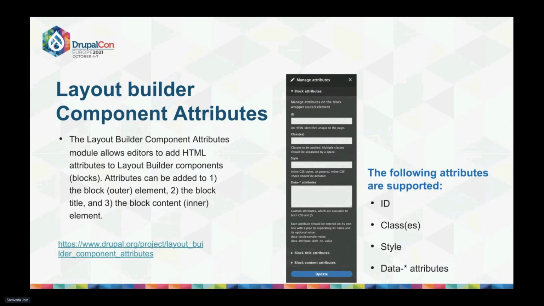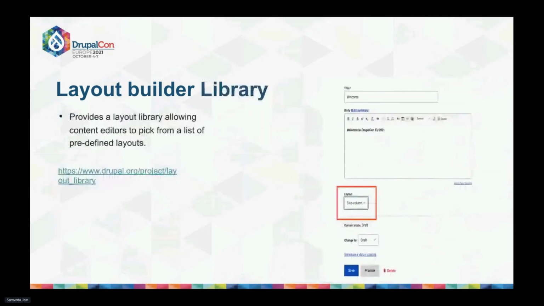Again, to minimize the dependency on a developer or a designer, your content editor can directly add an ID or a style or some data attributes to a block. The attributes can be added for a whole block, or you have an option to add them to a block title or a content section.